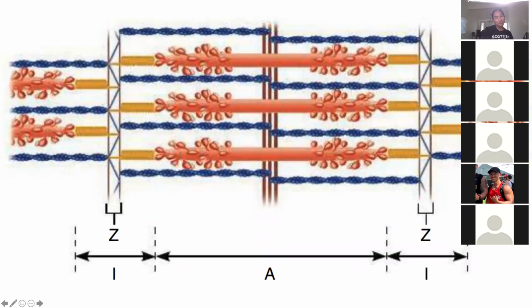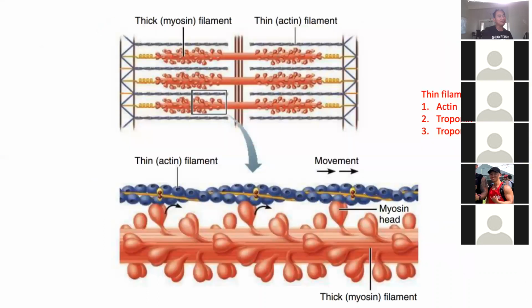So that is why, for us, this anatomy, like the sarcomere, which is the basic unit of skeletal muscle, is important. In between two Z lines is called the sarcomere.